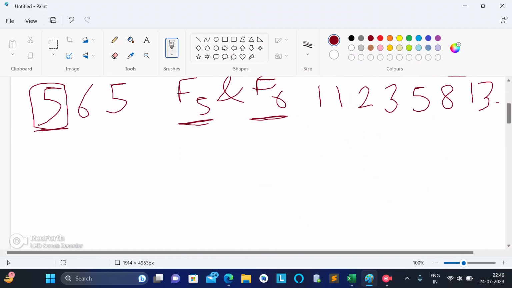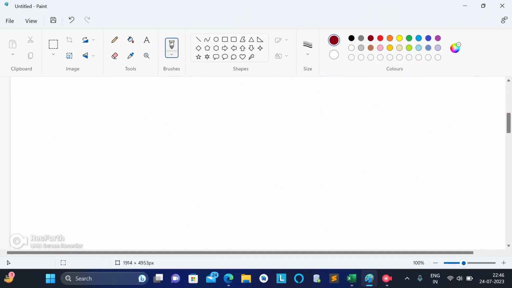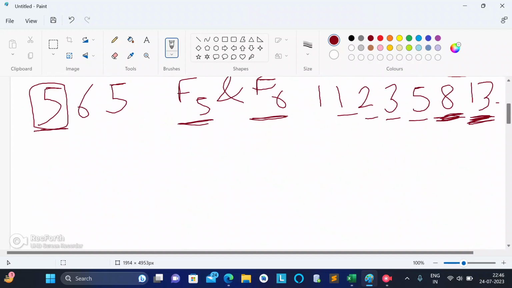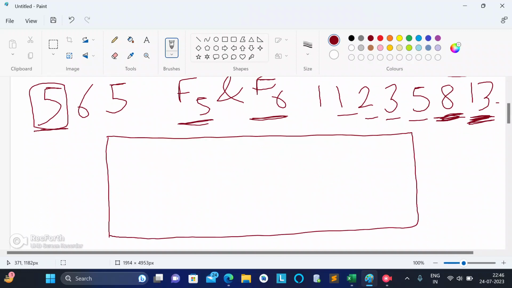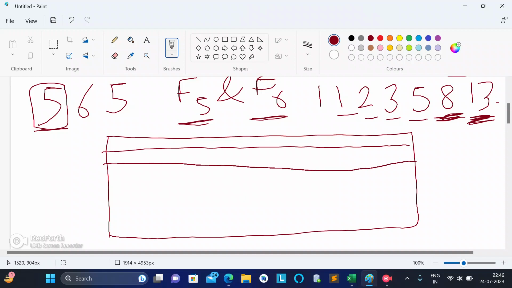So f(5) is 8 and f(6) is 13. We have to make a rectangle of 8 by 13, so let's make it.